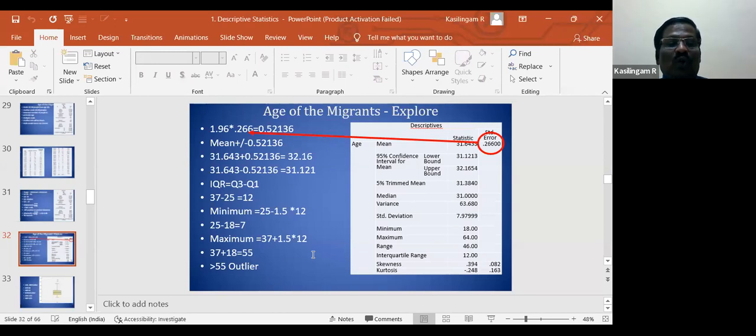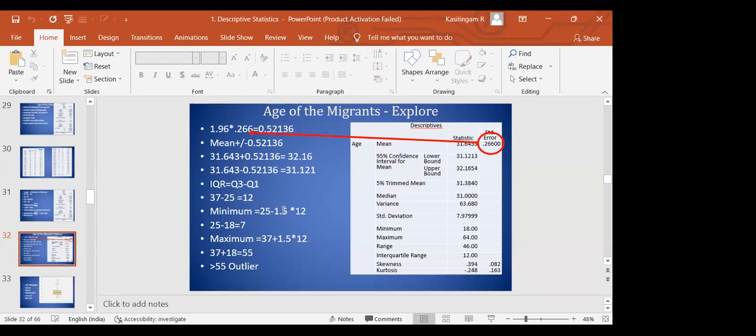You know IQR is interquartile range, right? Now, I'm going to tell what is positive skewness, what is negative skewness, how to write the interpretation for each.